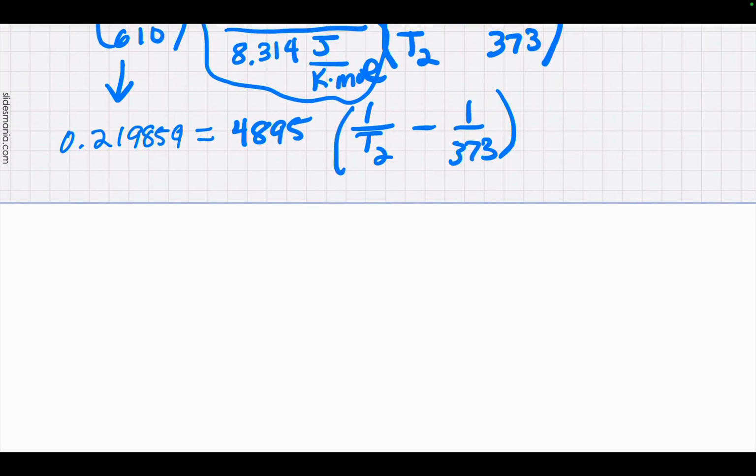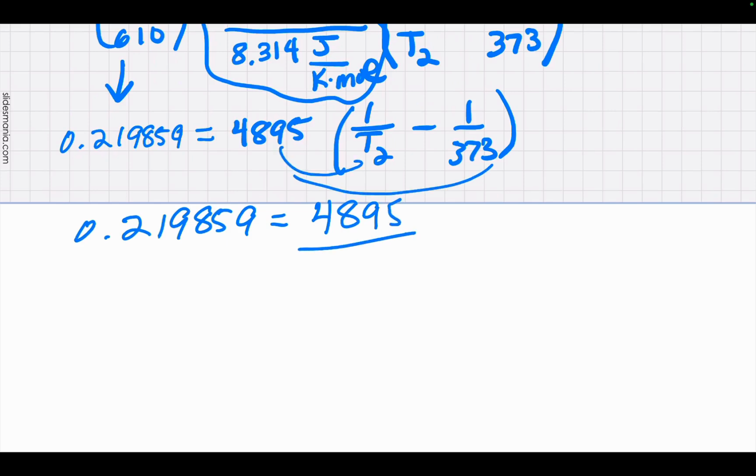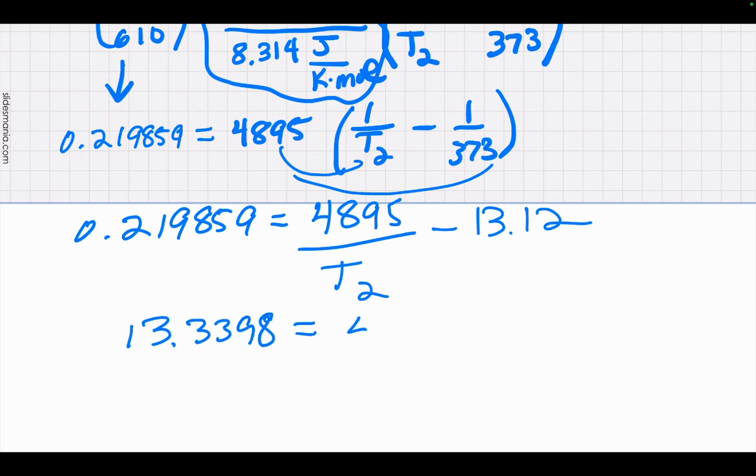So essentially, and you don't need to show all this, but you do have to do the work. I'm distributing this through. And then if I combine these terms, I'll get 13.3398 equals 4,895 over T2.